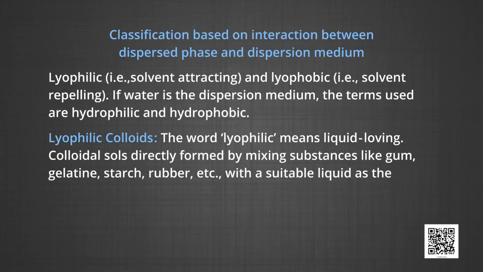Lyophilic colloids. The word lyophilic means liquid loving. Colloidal sols directly formed by mixing substances like gum, gelatin, starch, rubber, etc. with a suitable liquid as the dispersion medium are called lyophilic sols.